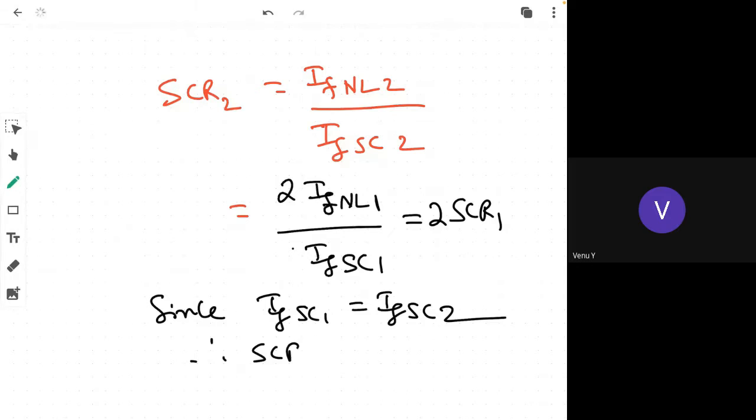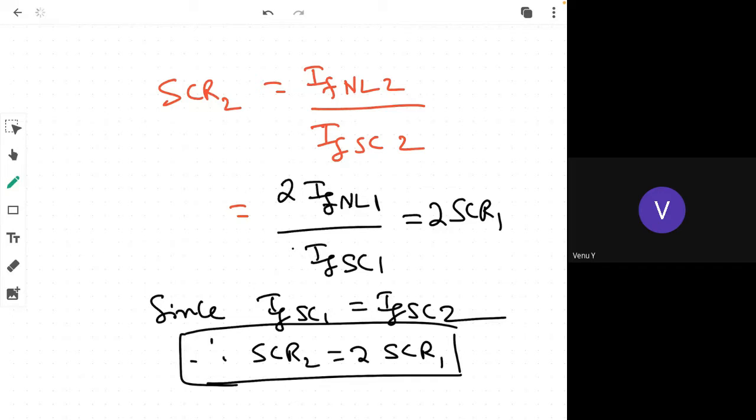Therefore, SCR2 equals 2 into SCR1. This is the conclusion. So the SCR will become double the previous value. SCR is doubled.